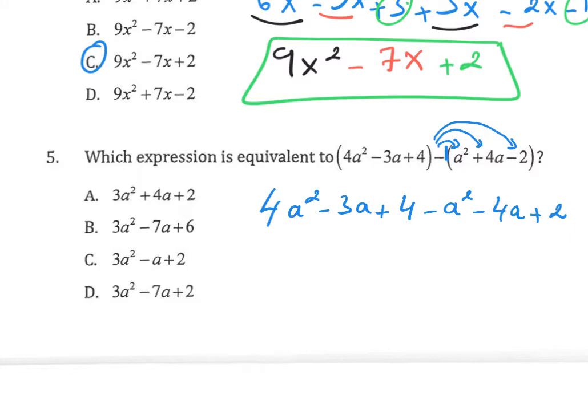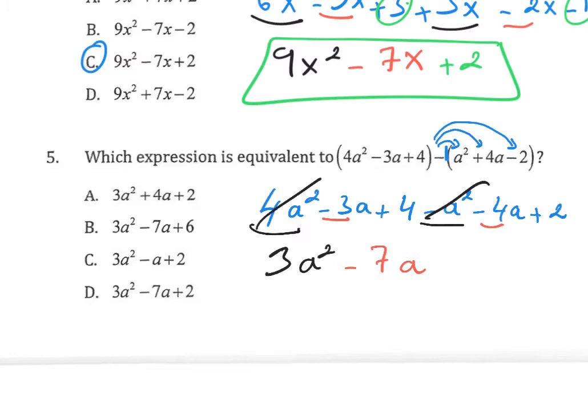Now, the next step is we need to add like variables. It's going to be 4a squared take away a squared, that will be 3a squared. So this is gone. Then we have negative 3a and negative 4a, that will be negative 7a.